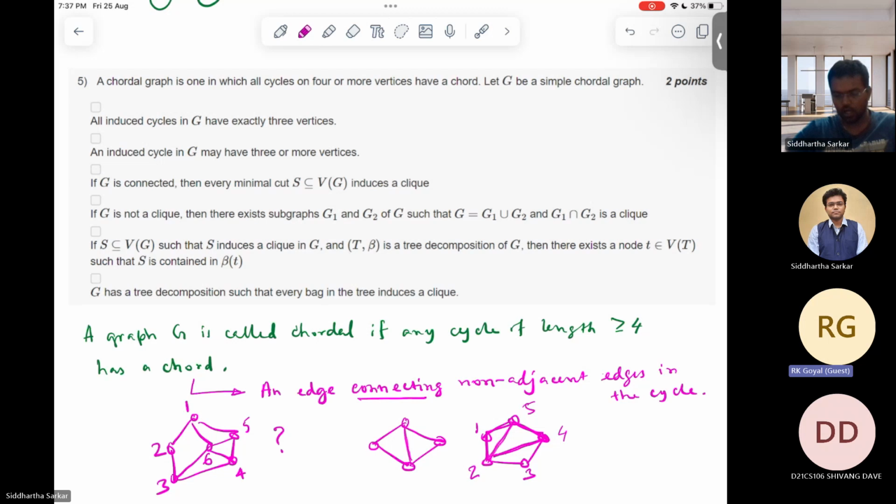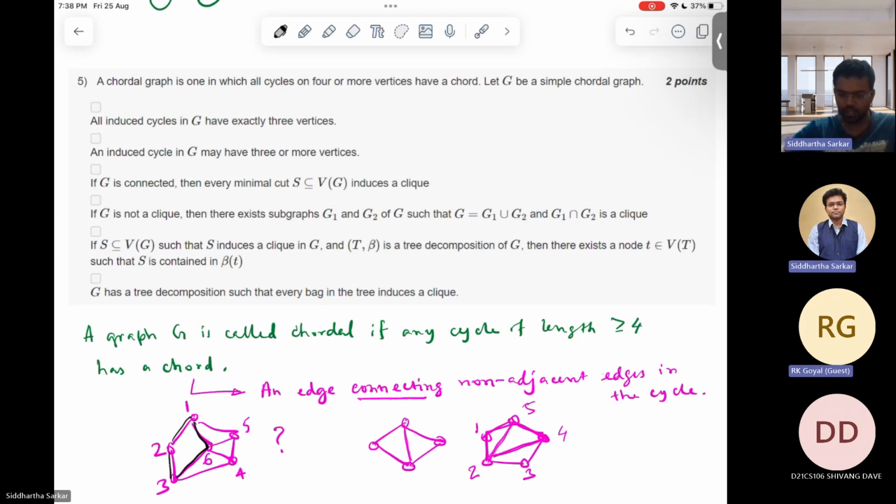Now this original graph is not a chordal graph, because if I consider a cycle of length 4 or greater, I have a cycle of length 4: 1, 2, 3, and then 6. And now 2 and 6 are not adjacent. However, they are not connected.